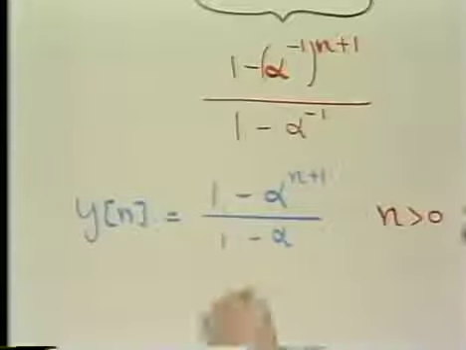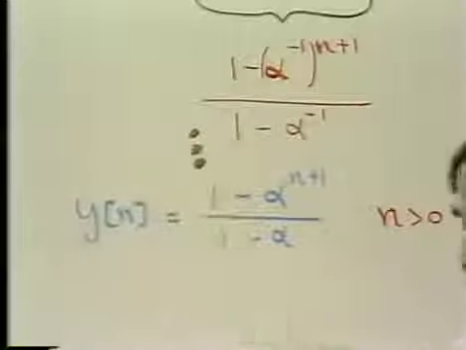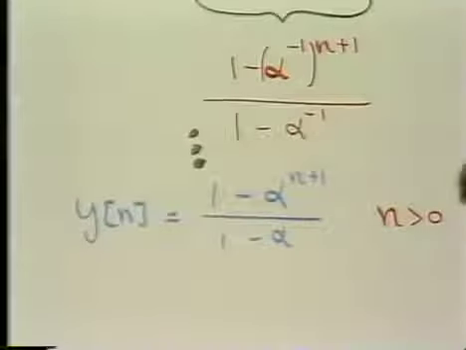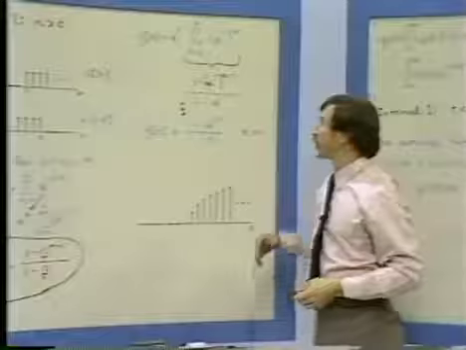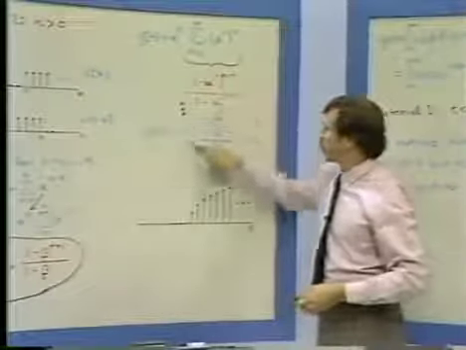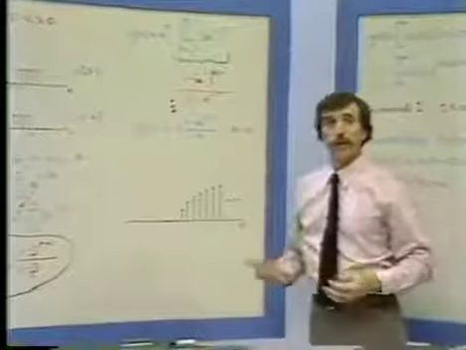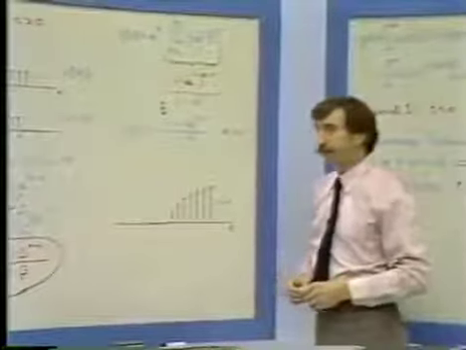And let me just indicate with a few dots here that there is a certain amount of algebra required in going from this step to this step, and I'd like to leave you with the fun and opportunity of doing that at your leisure.